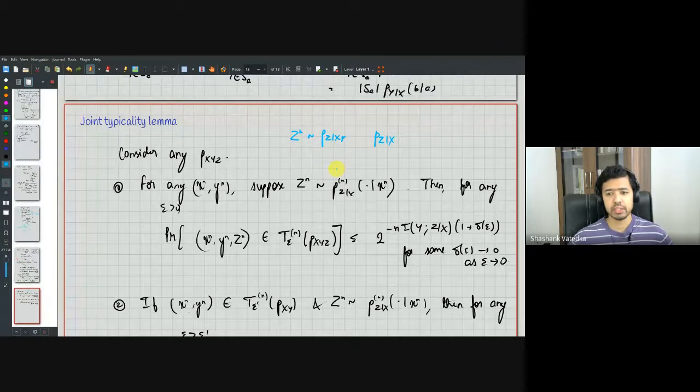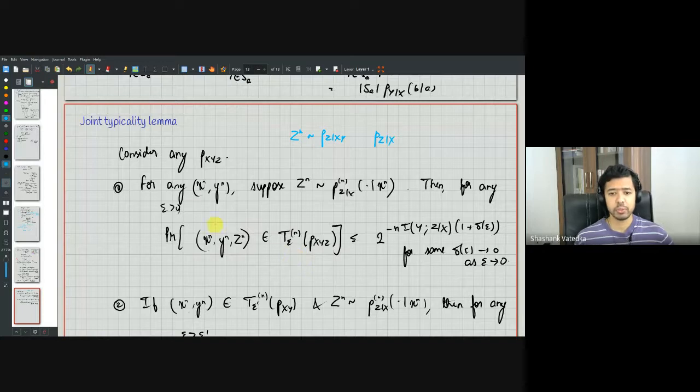So basically Z is drawn independently of Y. It's dependent on X but independent of Y. You fix two sequences x^n, y^n, and you randomly pick a z^n dependent on X but independent of Y, using the distribution p(z|x), IID. Then the question is, what is the probability that the triple x^n, y^n, z^n is going to be epsilon typical?